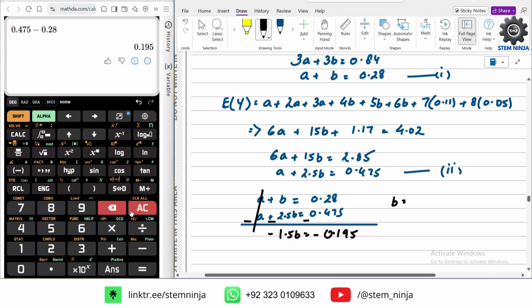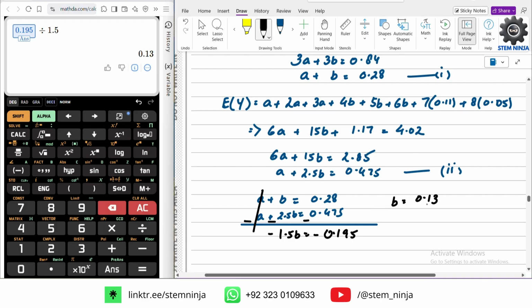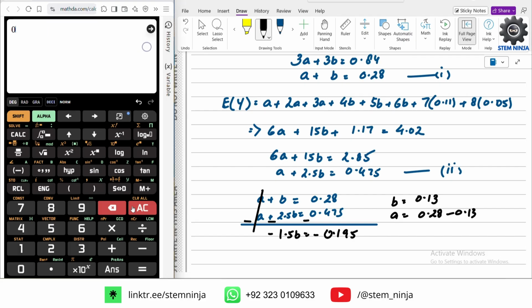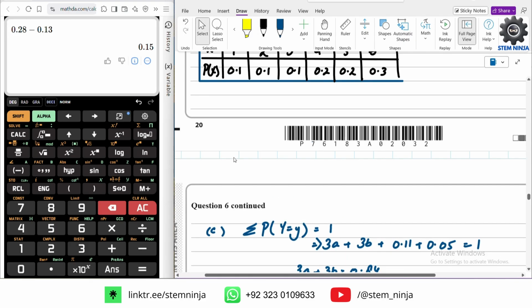So therefore B is this divided by 1.5, 0.13. A would be 0.28 minus 0.13, 0.15. And I think that's what we needed to show, right?